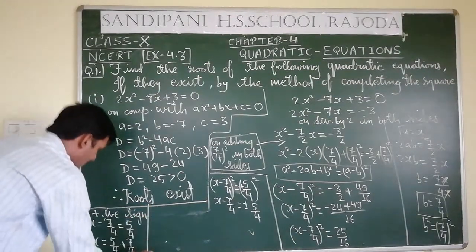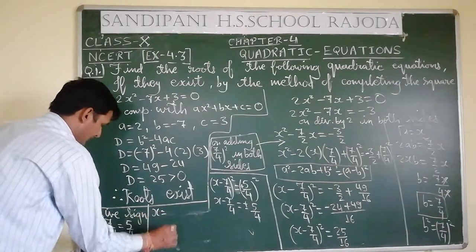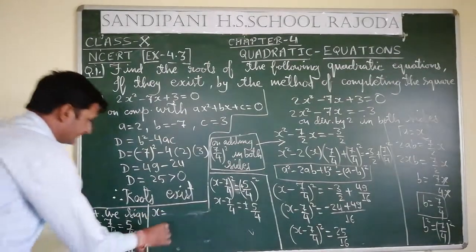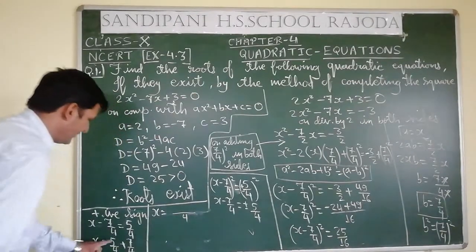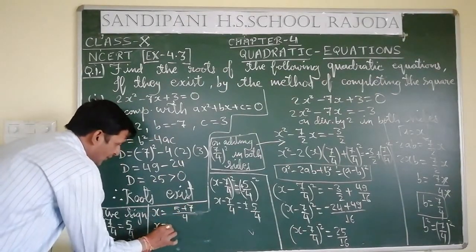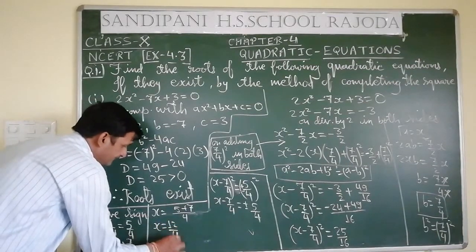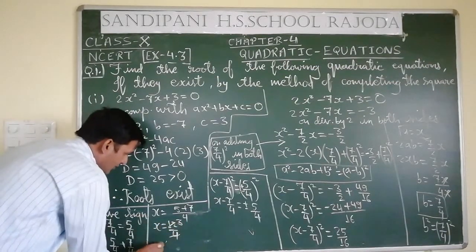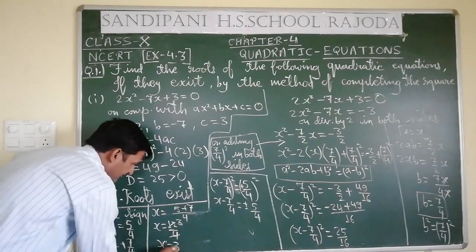So this will become x is equal to, if we take 4 as LCM, then 5 plus 7, so x is equal to 12/4. 4 3s are 12. So x is equal to 3 is the conclusion here.